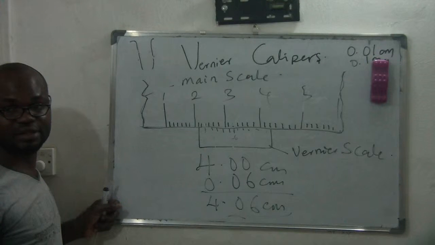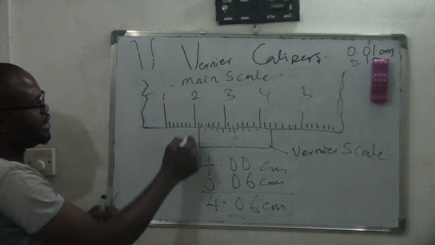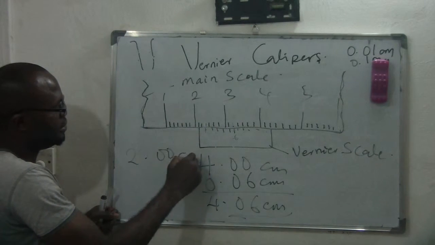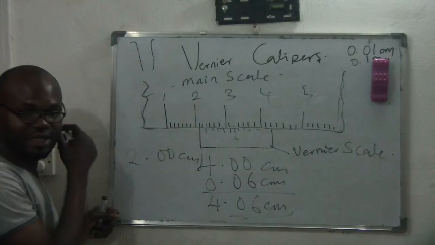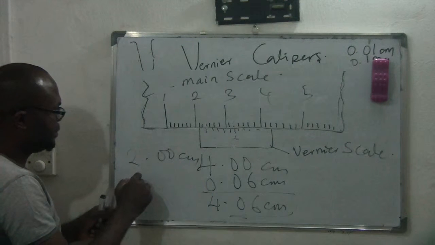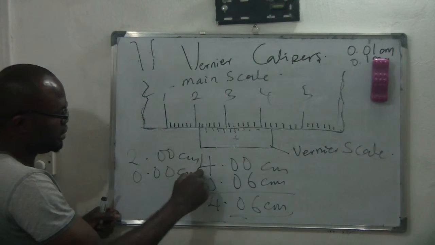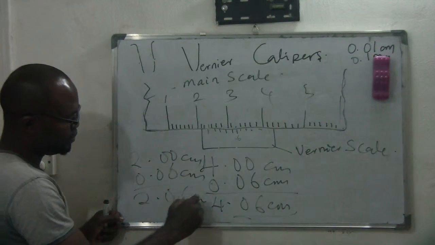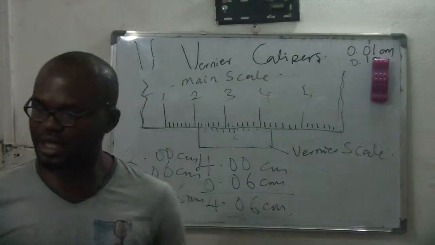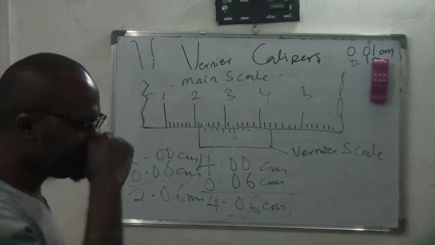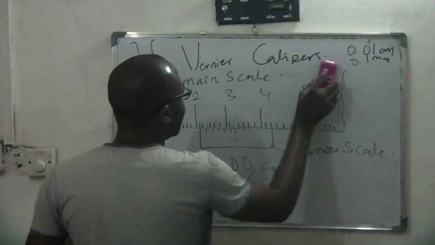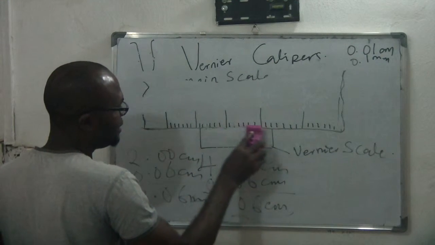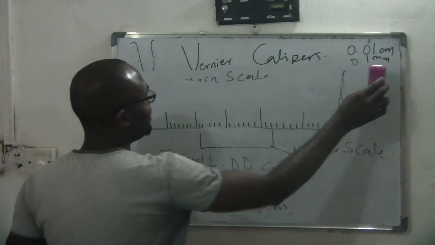What is the reading before the vernier scale? 2.00 cm. Plus, what is the point of intersection? Still 6. 0.06 cm. So the reading would have been 2.06 cm. Is it not? Yes. That's how you read it. Is that clear? You have to pay attention to the points.